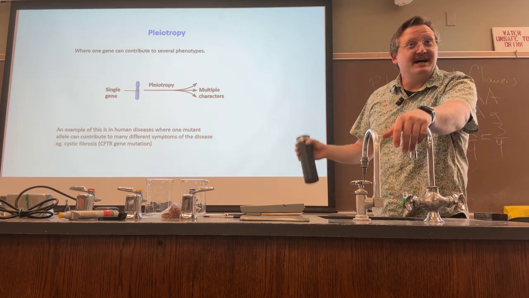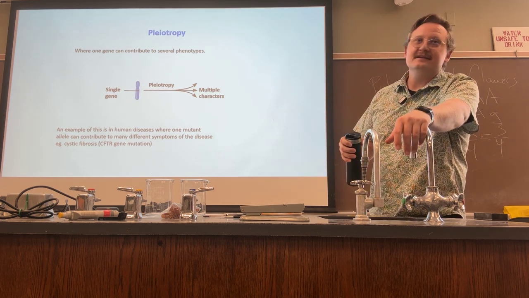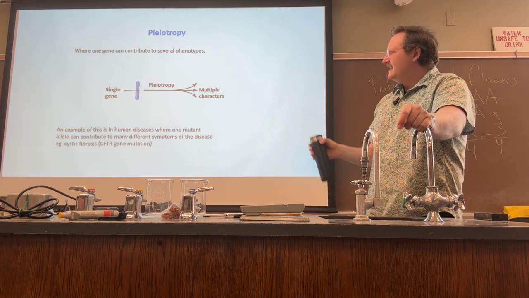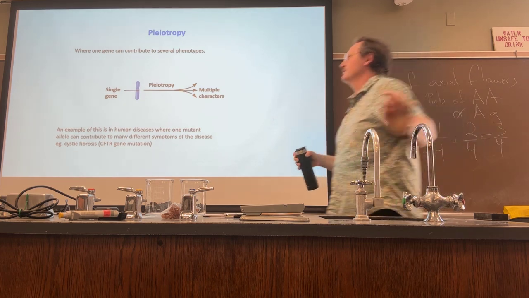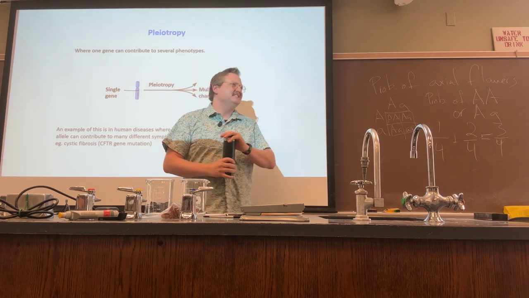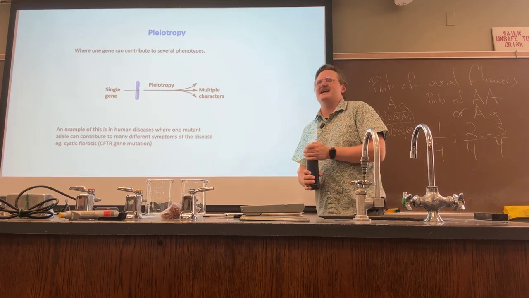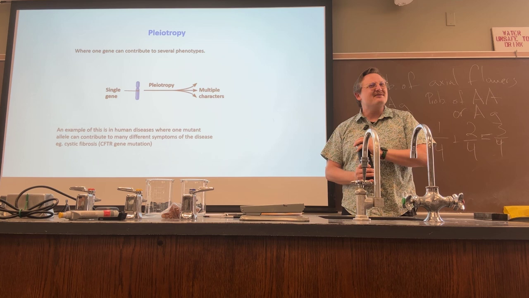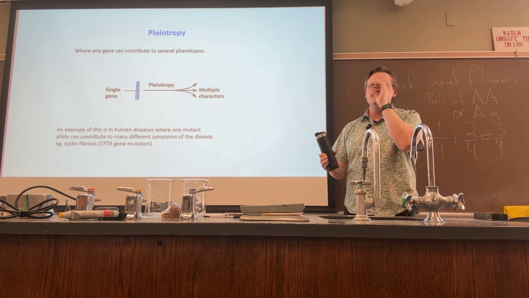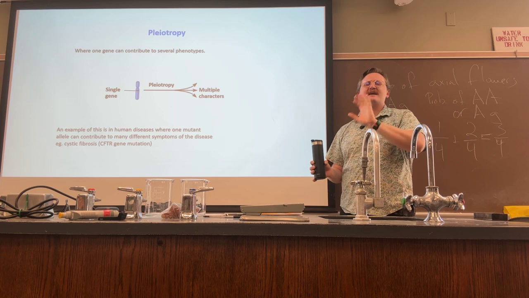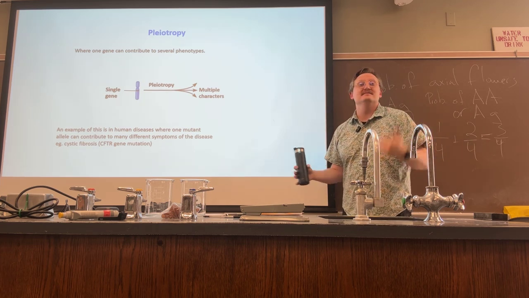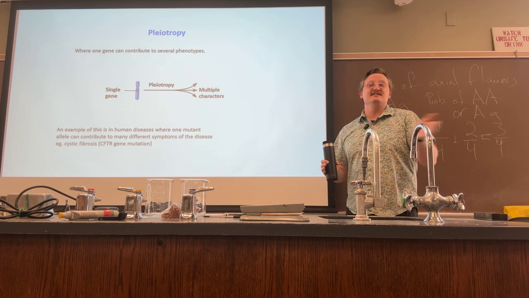Pleiotropy. Sometimes a single gene can affect many different processes. It's been a while since I reviewed my cystic fibrosis effects, but cystic fibrosis has a lot to do with mucus thickness throughout your body. So a single gene that's involved in either mucus generation or mucus breakdown causes a bunch of different symptoms of cystic fibrosis in your body.